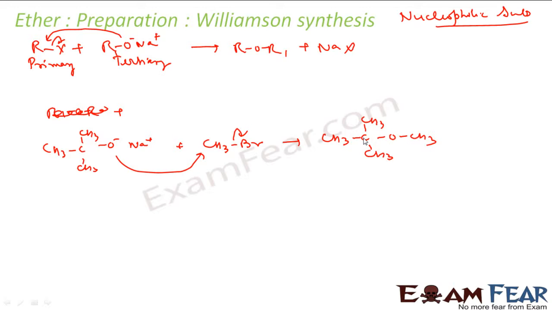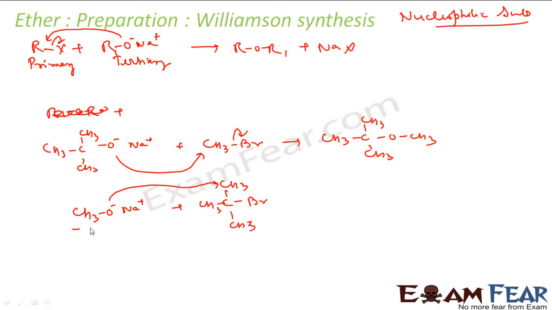Let's see what happens if you just reverse the effect. Say CH3 O minus Na plus, and here instead of primary you take tertiary, right? You see the effect now. As I told, if you take secondary or tertiary here, you have elimination reaction. So this O minus has to attack, right? But if you see there is no place to attack. So instead of attacking this carbon, it will attack any of the hydrogens.